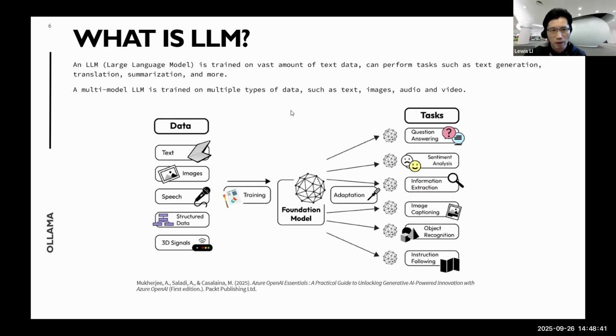But for LLMs, there is some model called multimodal. Multimodal means the data used to train the model is not only text data. It also includes some images, some audio, and also some graphics. This multimodal LLM will be able to give you a response.